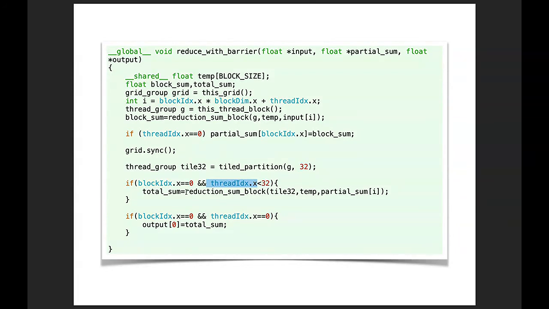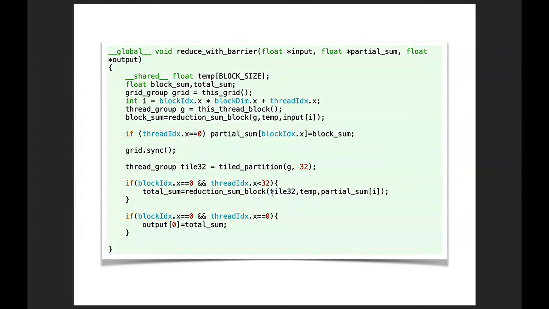So then I call reduction sum block. Notice that this is the same function I called here, even though it actually runs on a different number of threads. Because here I was passing G, so I was passing the entire block of threads. Here I am only passing a tile, a group of only 32 threads.